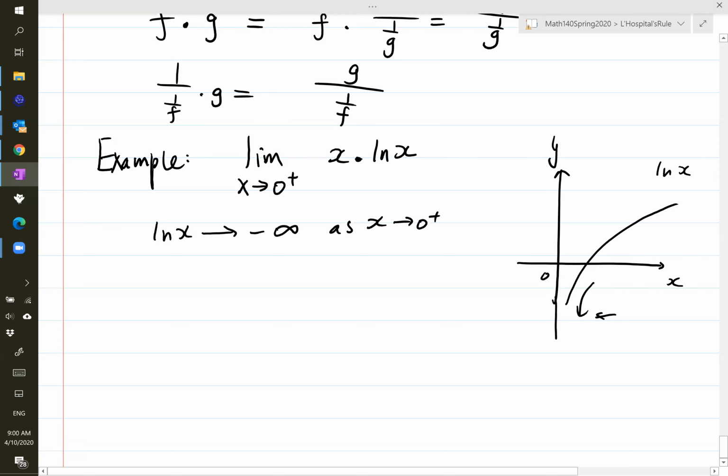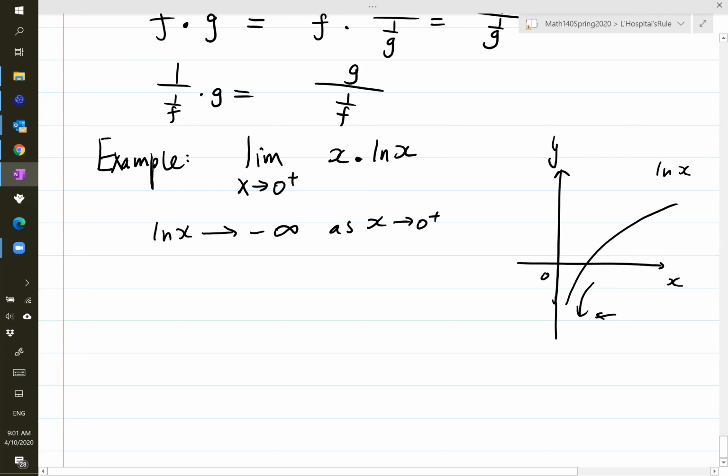Now here, this is a product, so we cannot directly apply L'Hopital's rule. So we try to write it as a fraction. You may ask, which factor do we flip?